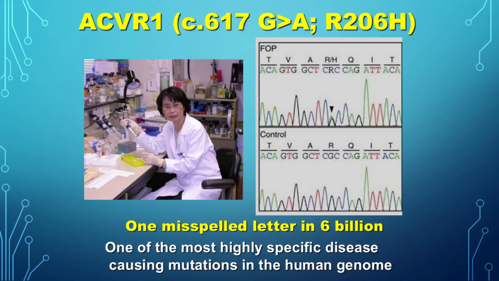Now, put this in perspective. You may never see a patient with FOP in your life, even if you spent your entire life looking at special needs patients. So with that in mind, we take you now to our first international expert, Dr. Clive Friedman from Canada.